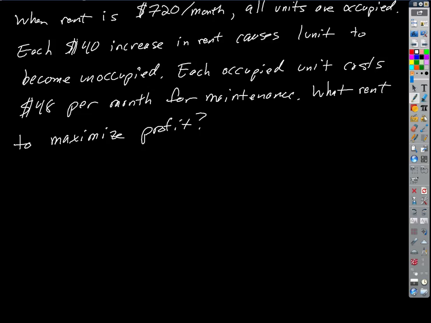So for right now, I'm not even gonna write down the actual, well, I guess we could. What is profit as a function of those two variables? Let's define those variables. Let X equal number of apartments and R equal rent.